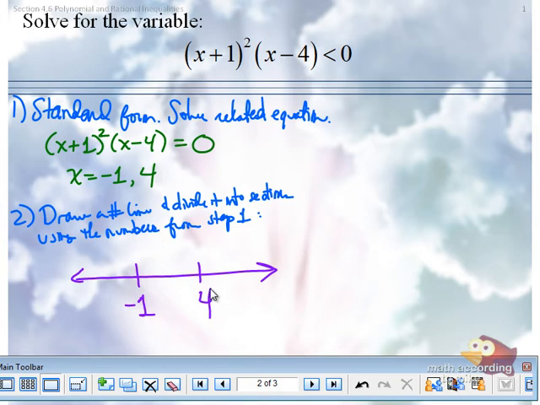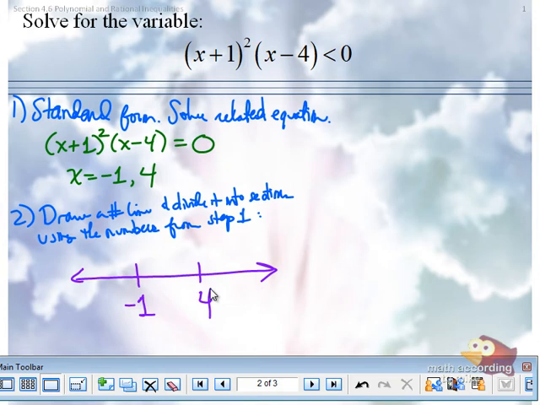Later on in calc, they're going to throw out a phrase like critical numbers. It's not the best wording for us right now, but we need to make a distinction somehow between the numbers we got in step 1 and what we're going to use in steps 3 and 4.